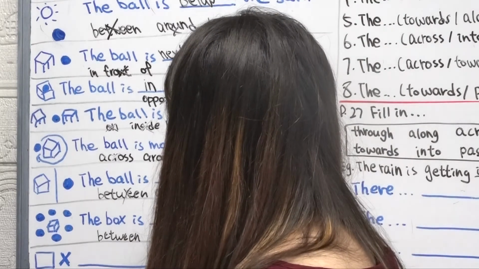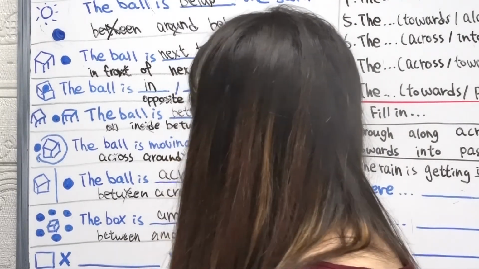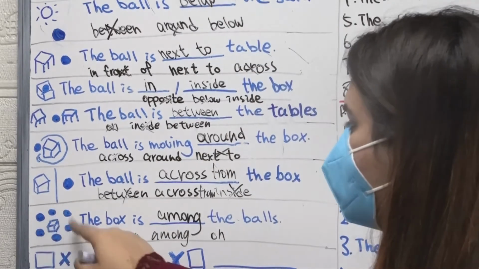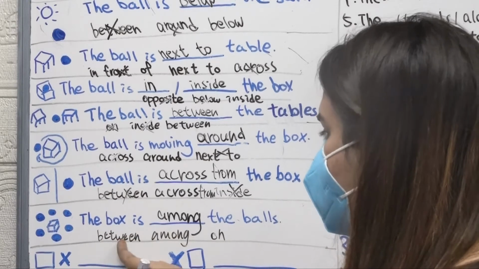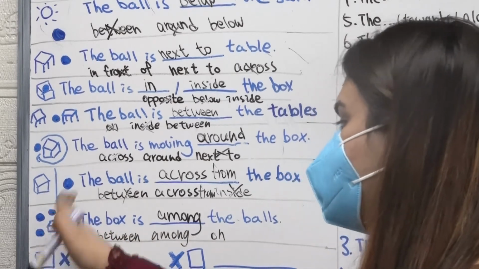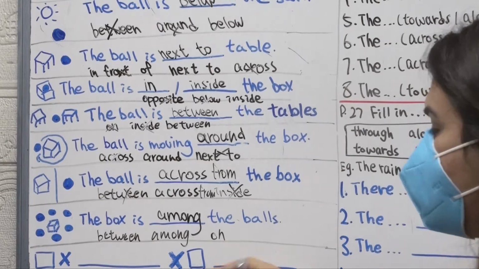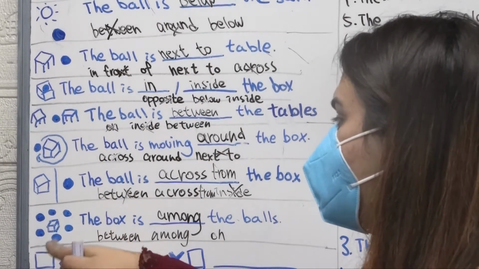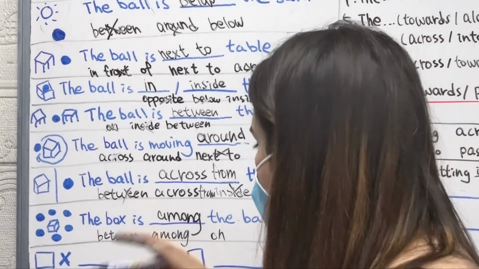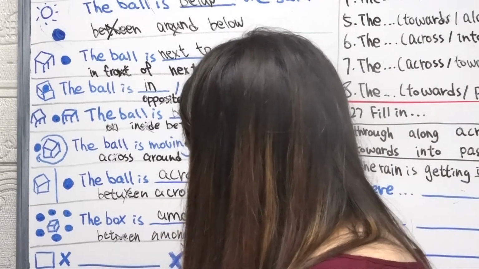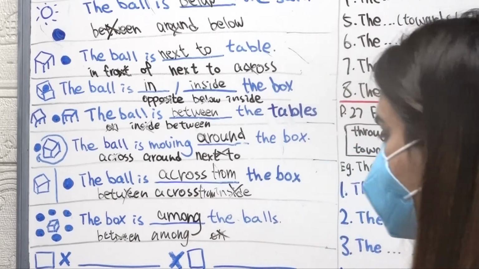Among the balls. All right, the box is among the balls, right? Not between, because it's not in the middle of two things, right? Also, it's not on, because it is not on the surface of the balls. So that's why we use among.